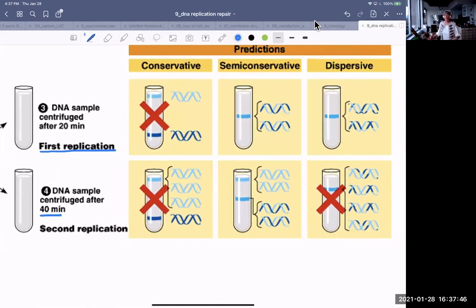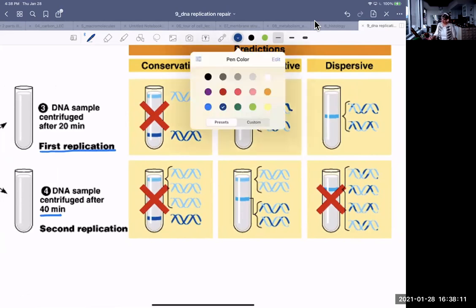So it could have been a conservative replication, in which case the two new strands would be together and the two old strands would be together. But that didn't happen. It could have been that we've got one old strand here and one new strand.